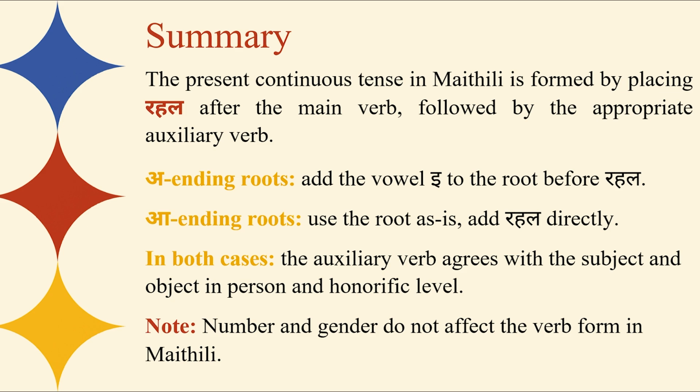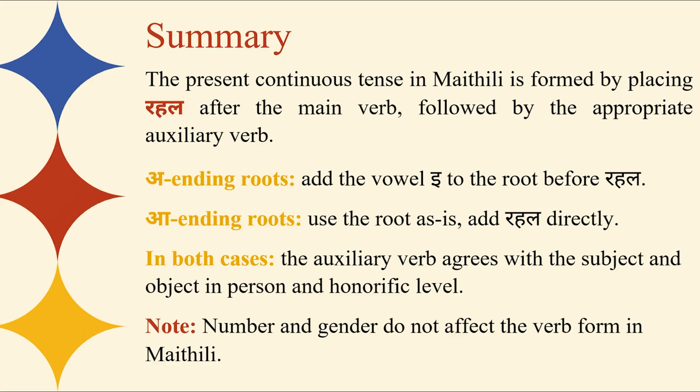Then we moved on and looked at a conversation, and then we moved on and looked at verbs with a-ending roots, where a is removed and e is attached to the root, and again the rest of the structure remains the same, rahal plus auxiliary.